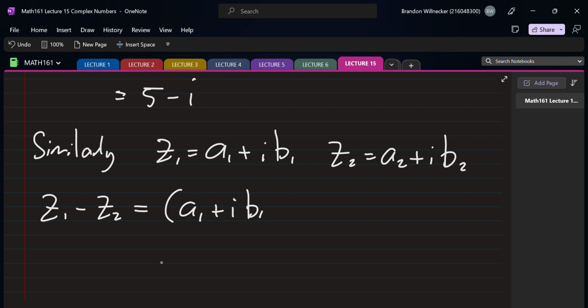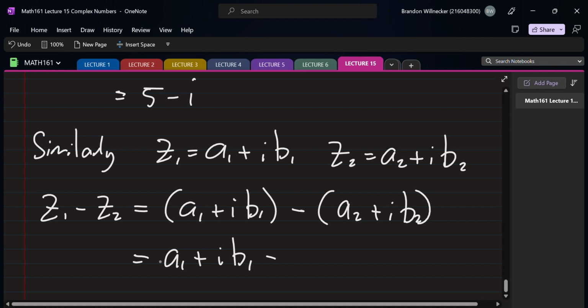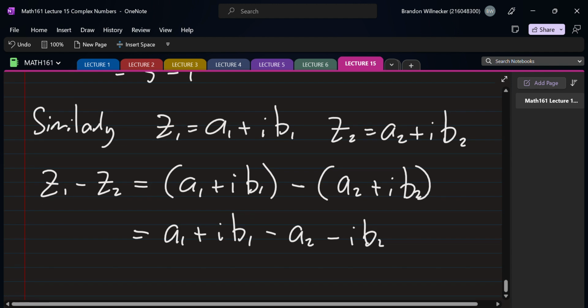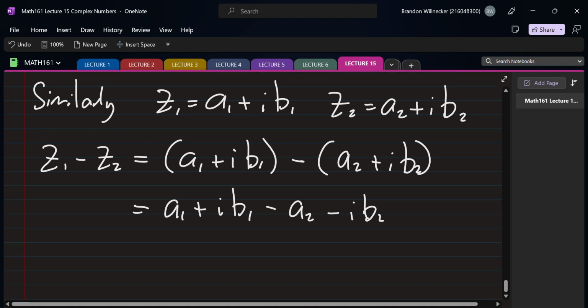So we have (A1 + iB1) - (A2 + iB2). Now here we can't just drop the brackets because we've got a minus in front. So we need to be a bit careful. So A1 + iB1 - A2 - iB2. Okay, so the minus needs to distribute inside. You can't just drop the brackets.